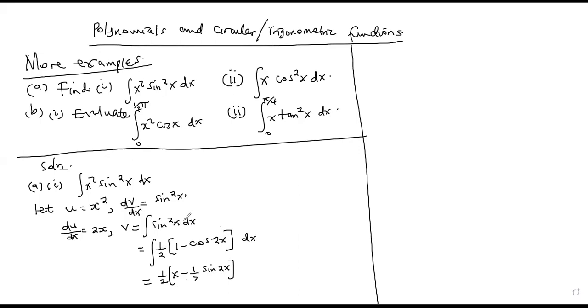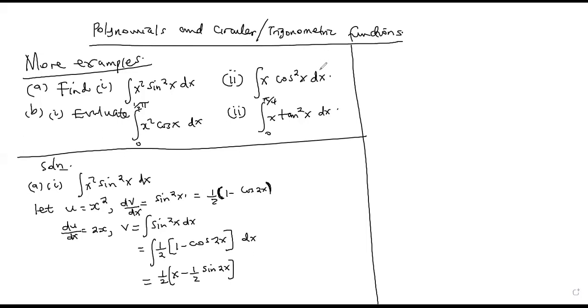So for simplicity, the sine squared x is the same as a half into 1 minus cos 2x. Do we all know where this one comes from? Yes? Okay. That's very good. Members have been following.